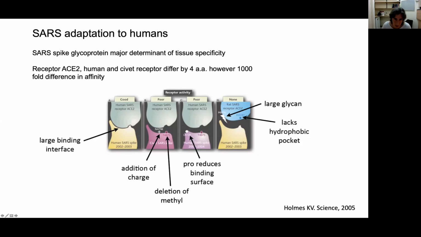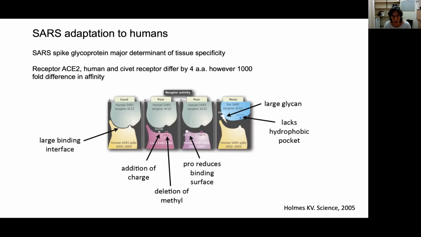But one mutation is a mutation into a lysine residue, which adds a charge here, and the other one also deleted a methyl group, which was fitting into this pocket. And this small number of mutations significantly affected the affinity of the viral protein to the human SARS receptor.